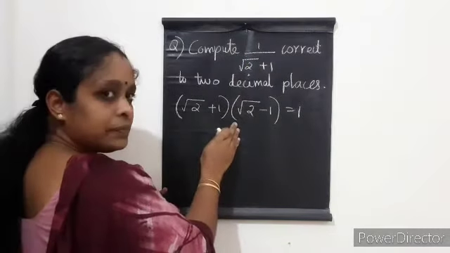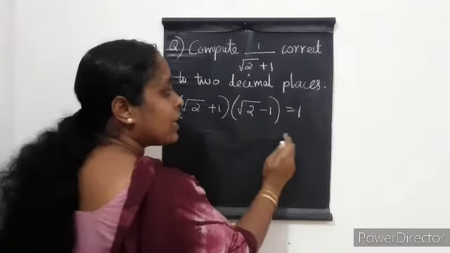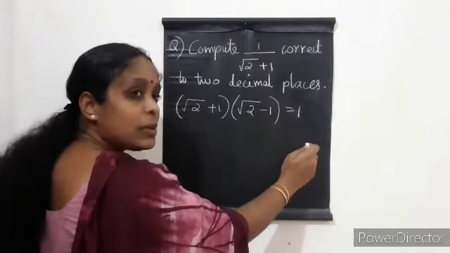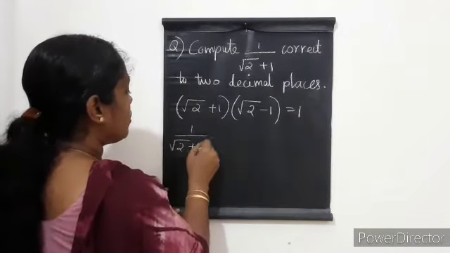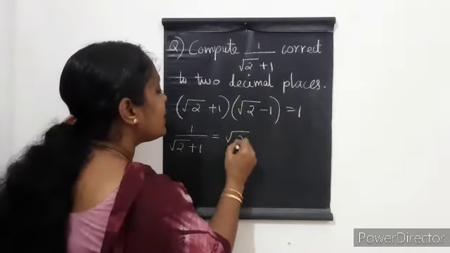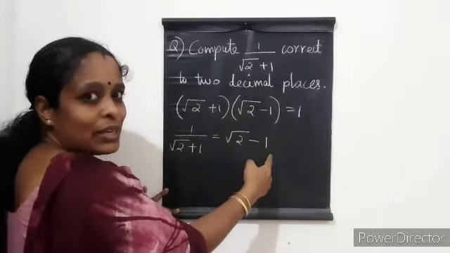So here we take this root 2 plus 1 into the right side. What we get? 1 by root 2 plus 1. Then what remains here? Root 2 minus 1. So we get the answer. 1 by root 2 plus 1 is equal to root 2 minus 1.